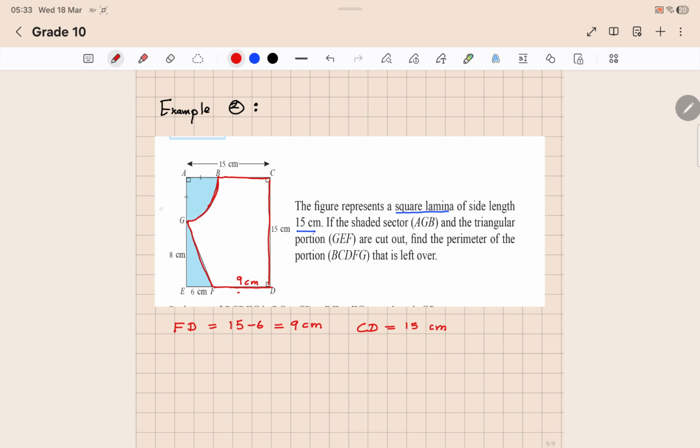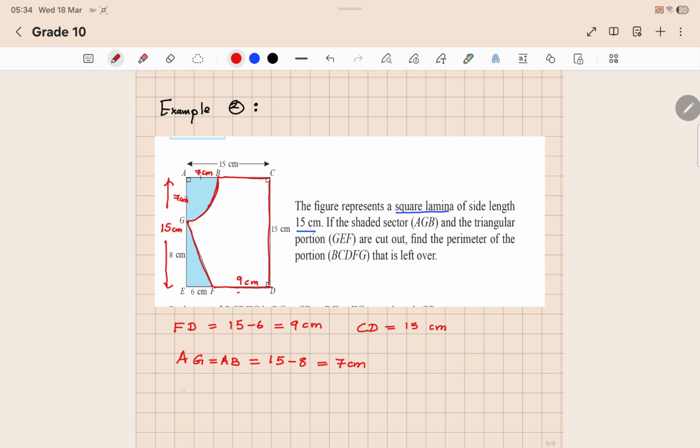Then we can figure out this length. AG and AB are equal lengths. How do you figure that out? The full length is 15, this is a square lamina. GE is 8 centimeters. Then 15 minus 8 gives you the AG and AB length, which is 7 centimeters.